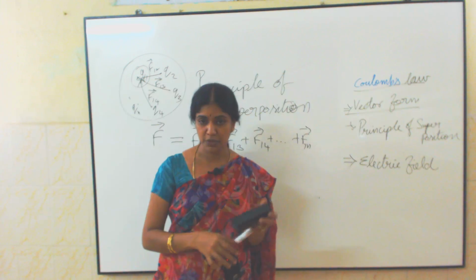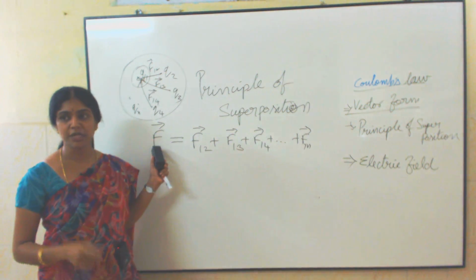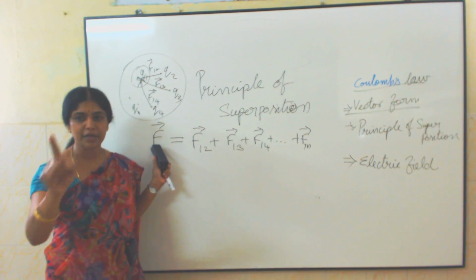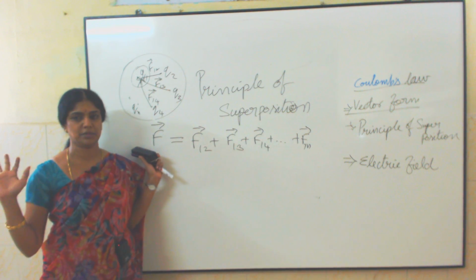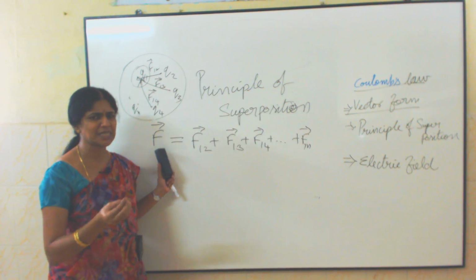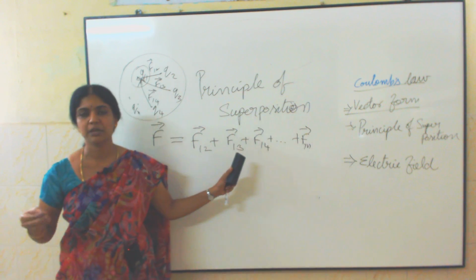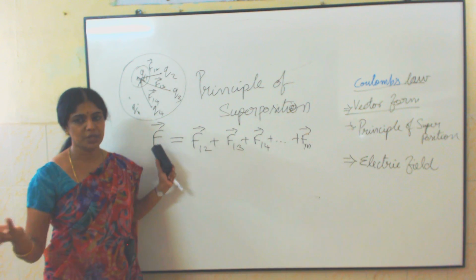This principle of superposition is used to find the net force acting on a charge due to the other charges present in the system. How do we calculate the net force? It is nothing but the vector sum of all the forces individually. That gives you the net force.